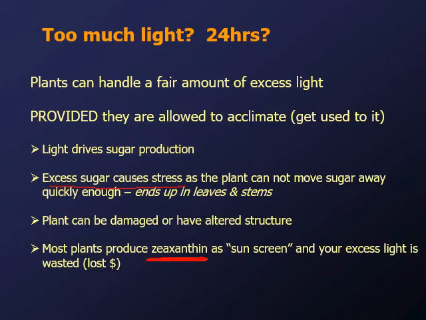But from a spending money to make my plant produce better, you may actually be paying all this money for your plant to produce sunscreen, which then blocks the light and it's not even making sugars at that point. So again, it pays to do some research on your crop and know what the DLIs are and what your targets are, and then staying within them.